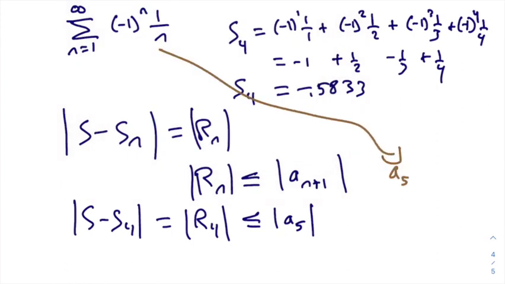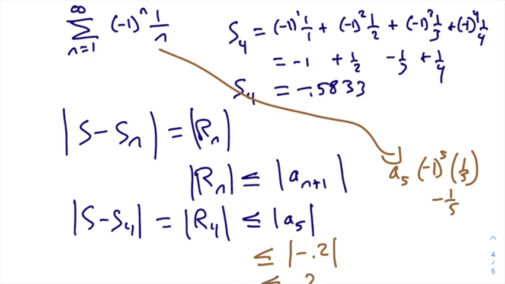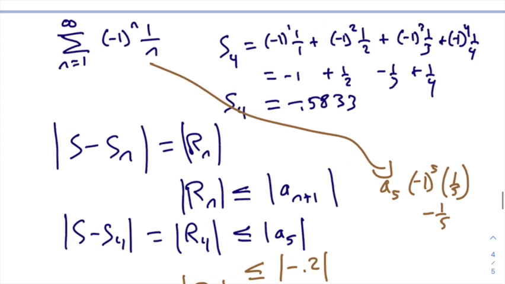The 5th term, negative 1 to the 5th power, 1 over 5, is negative 1/5. So negative 0.2 is our 5th term, which means that 0.2 is greater than or equal to our remainder.